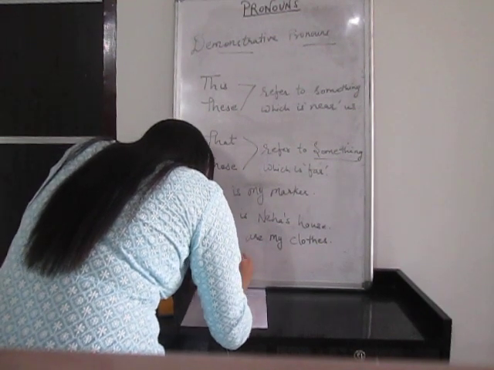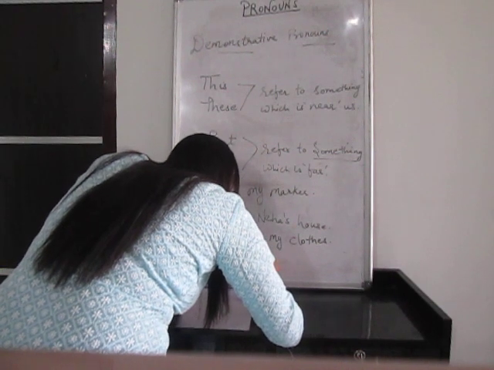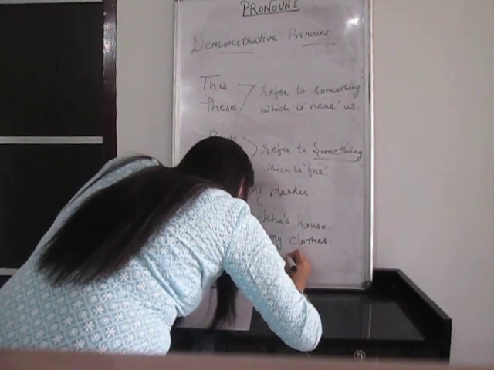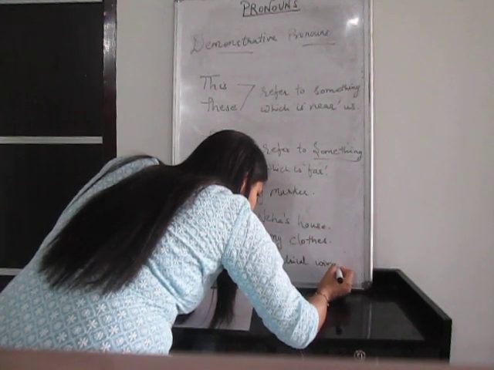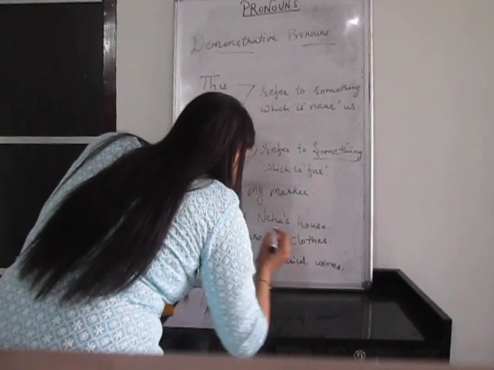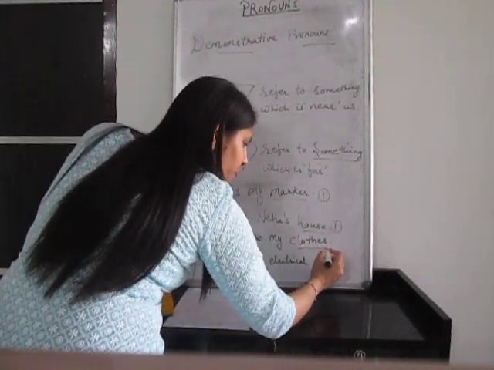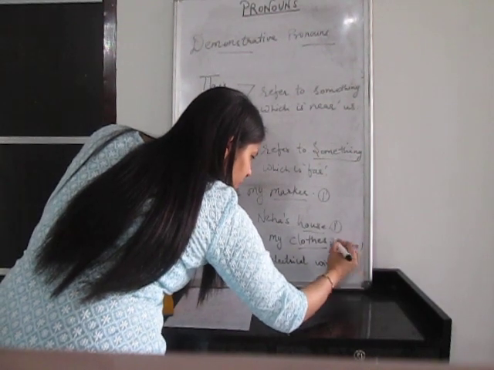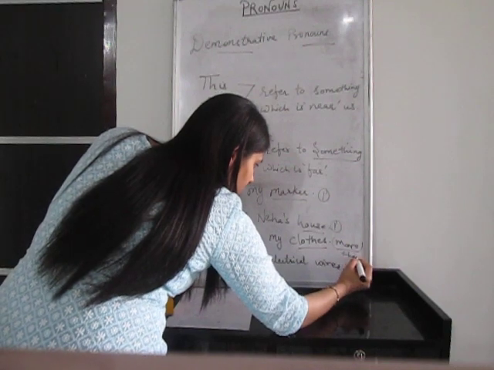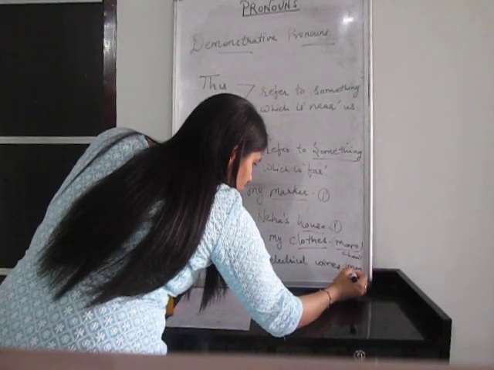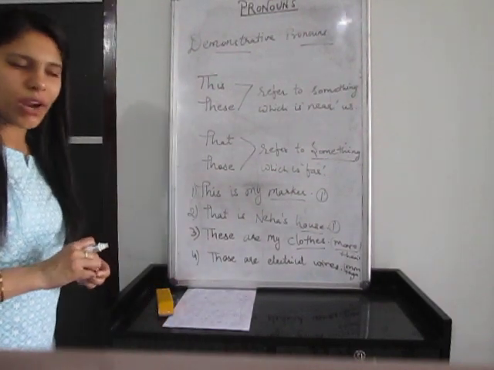Those are electrical wires. That is not a single object. For example, marker is one, house is one, clothes are more in number, wires are more than one. So now you know how we use these and those, this and that in a sentence.